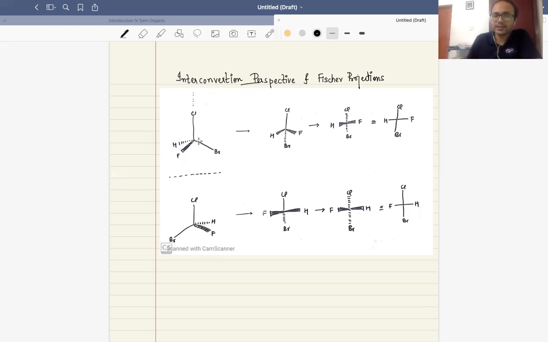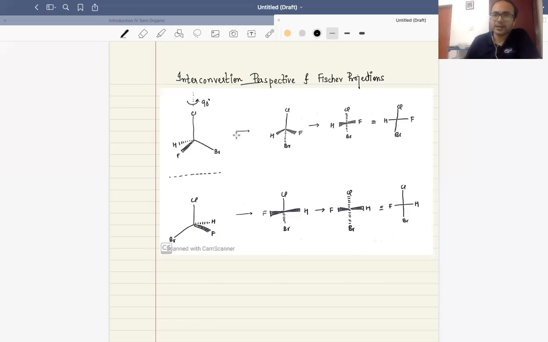When you rotate it in an anti-clockwise way, this Br will go on the back side. So you are rotating across this axis by an angle of 90 degrees.